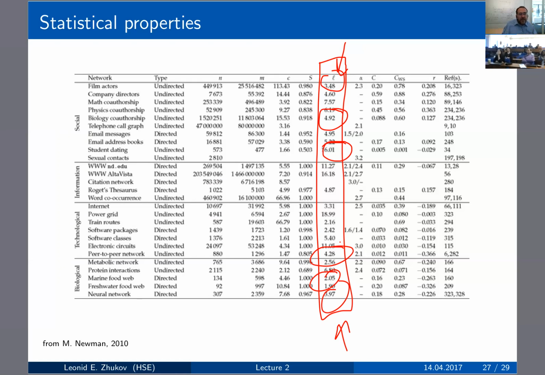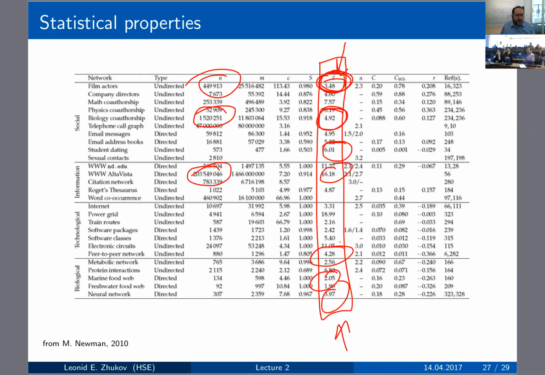So this is an example of that. This one has about a million nodes, and it takes only 16 steps on average to get from any one node to another. This is 1.5 million nodes, and it takes on average 5 steps to get from one node to another. This is 500,000 nodes, and it takes 3.5 steps on average to get from any node to any other node. So they're quite small.